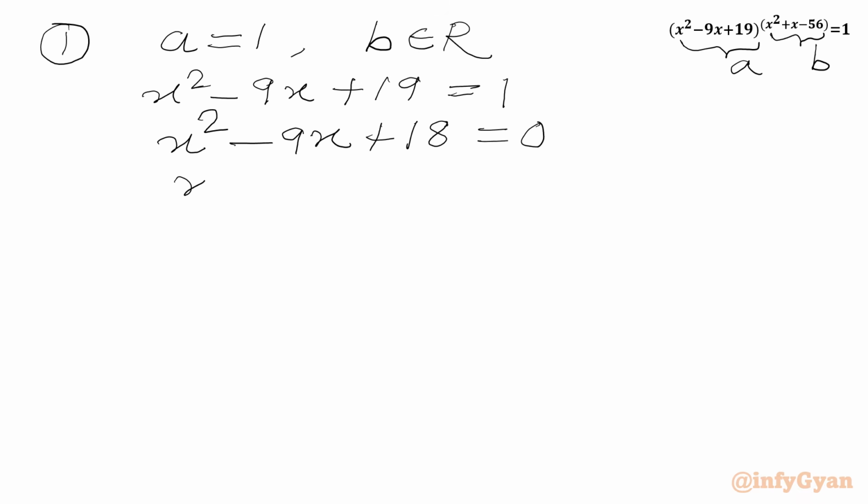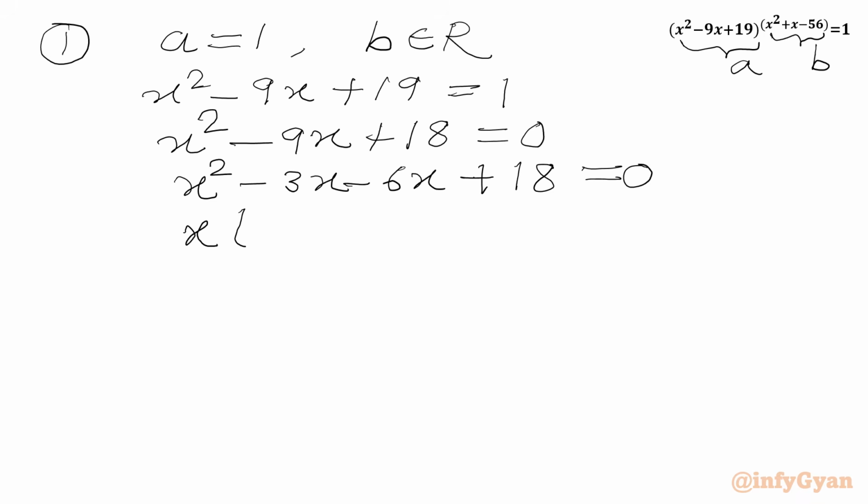So we will split our middle term minus 9x as minus 3x minus 6x plus 18 equal to 0. Now from first two terms we have x common. So we will write x minus 3 in the bracket. From last two terms we can take minus 6 common out.